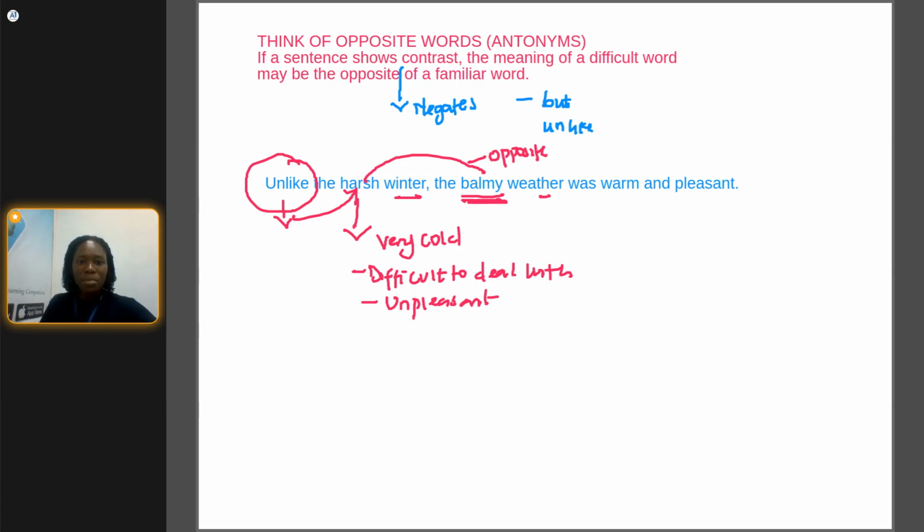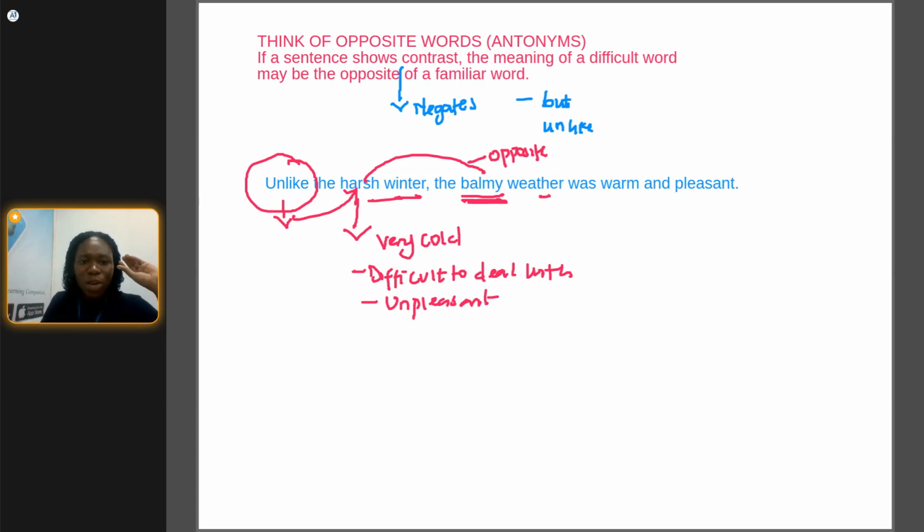Unlike the harsh winter, it means you're comparing something. You're comparing harsh winter and balmy weather. Since we have this word contrasting them, it means that harsh, very cold, difficult to deal with, unpleasant, is the opposite of the word balmy.